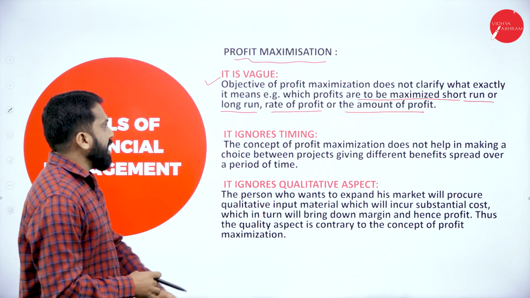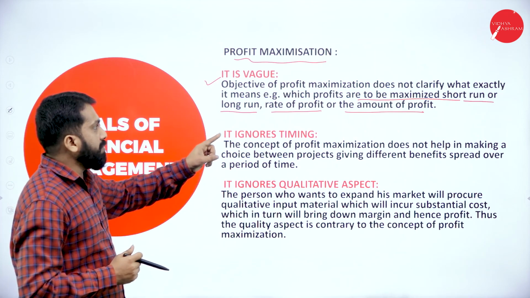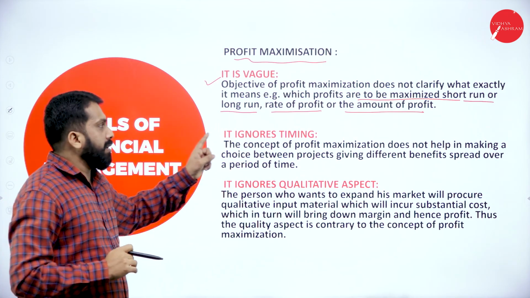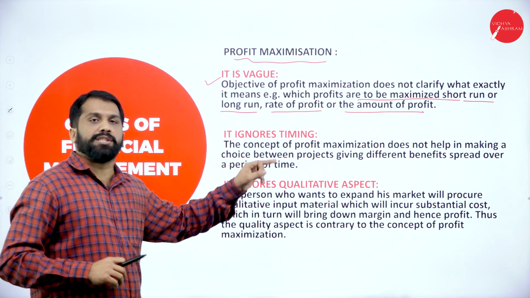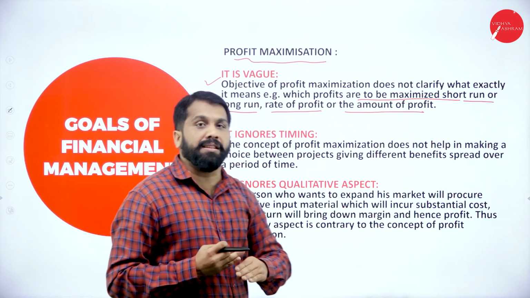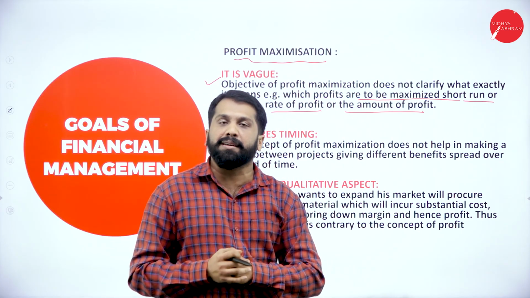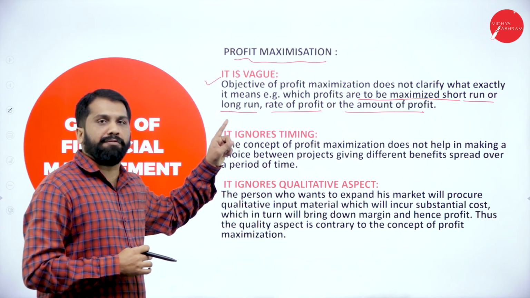So in that case you will be confused whether we should raise the price, reduce the quality, reduce the quantity, or raise the rate per unit. So you will not be clearly explained, but they will say only that you have to earn huge profit. That is called the first drawback of this.